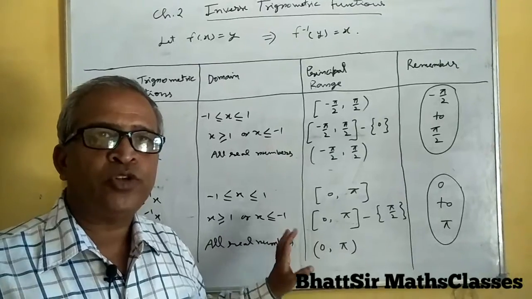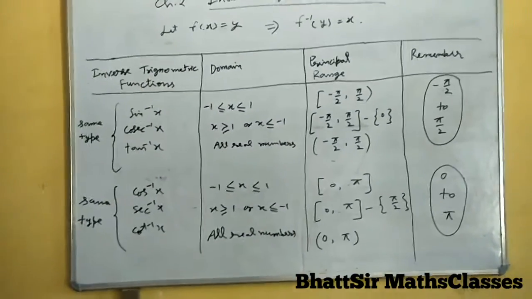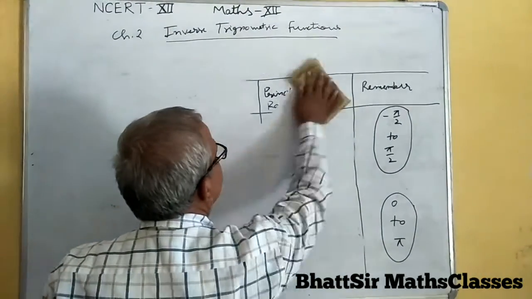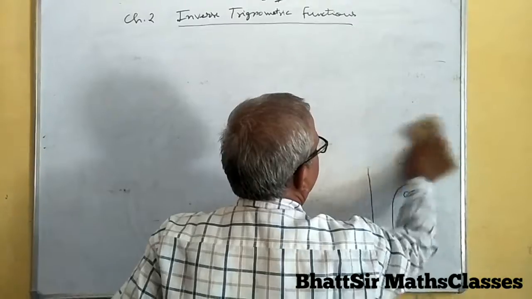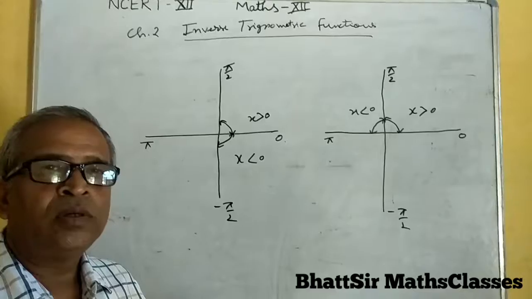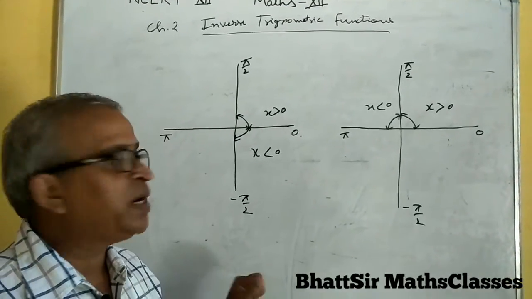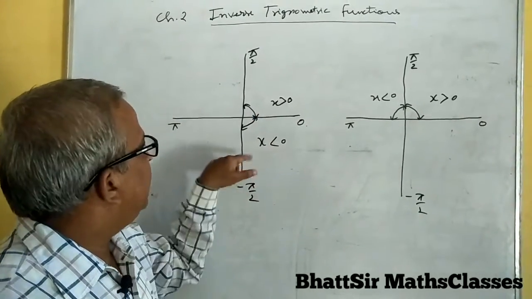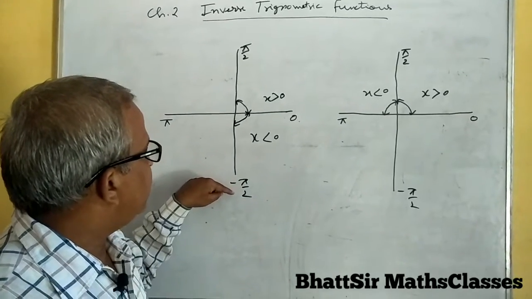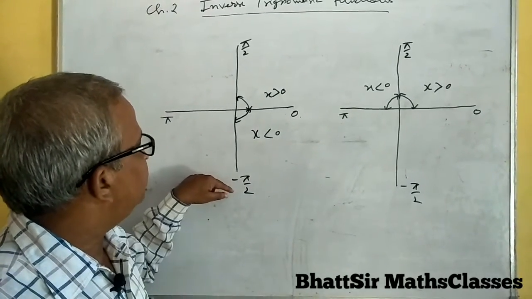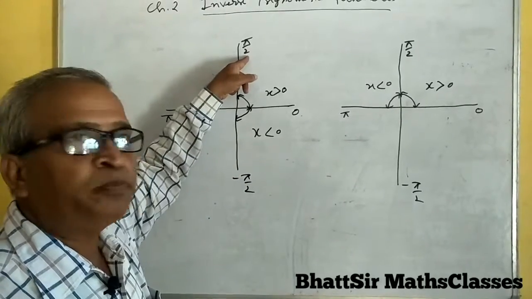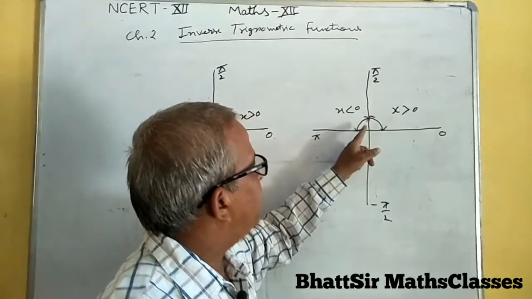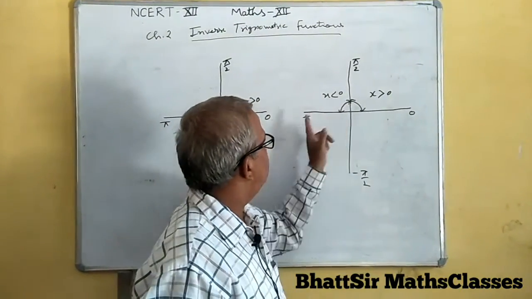I am giving you a few seconds. We can express the principal range diagrammatically: sin inverse x, cosec inverse x, and tan inverse x vary from minus pi by 2 to pi by 2, and cos inverse x, cot inverse x, and sec inverse x vary from 0 to pi.